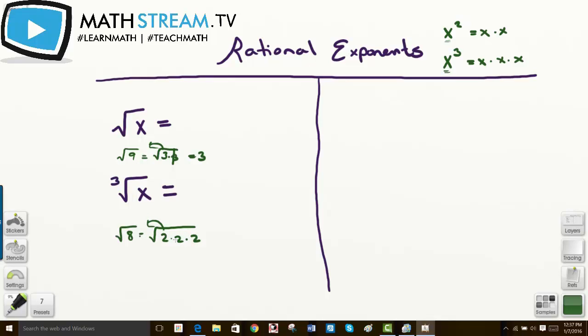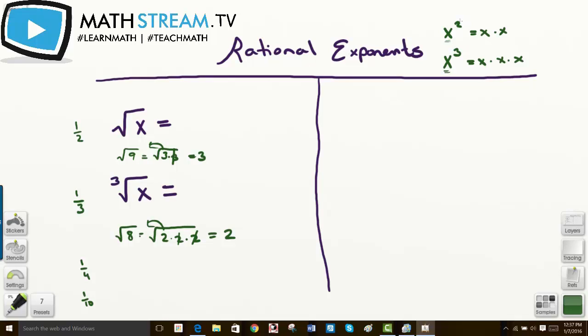So like one of the 2s I'll keep, but the other 2s will go away. The answer here is 2. So square roots keep half of the factors. Cube roots keep 1 out of 3. Fourth roots would keep 1 out of 4. If I had a 10th root, I would only be keeping 1 out of 10. So that's how roots work, and we discussed that quite a bit in class.